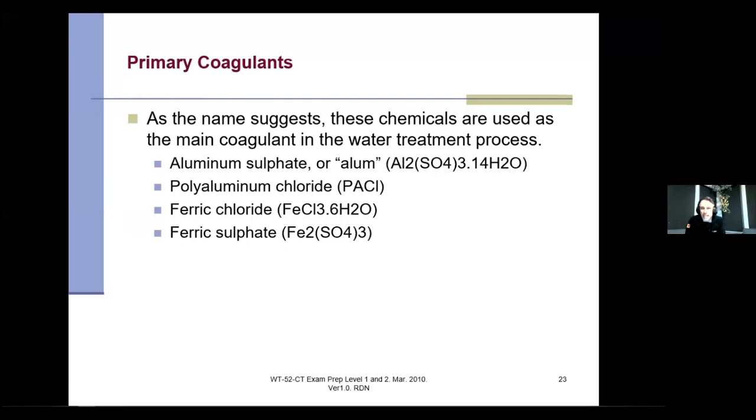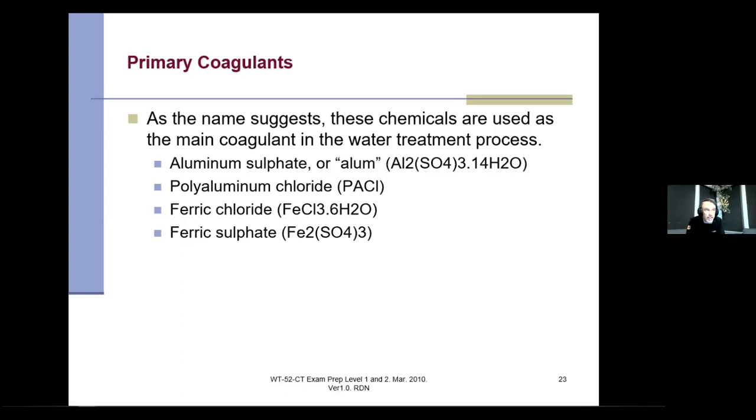Some of the main chemicals that are used for these coagulants, these liquid positive charges, when we look at the periodic table, there's two metals on there that exhibit high positive charge. One of them is going to be aluminum, and the other one's going to be iron.